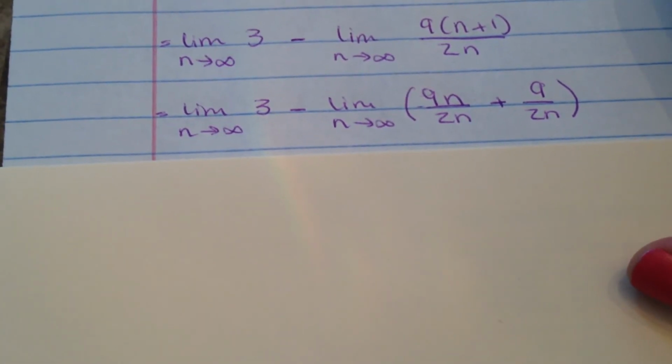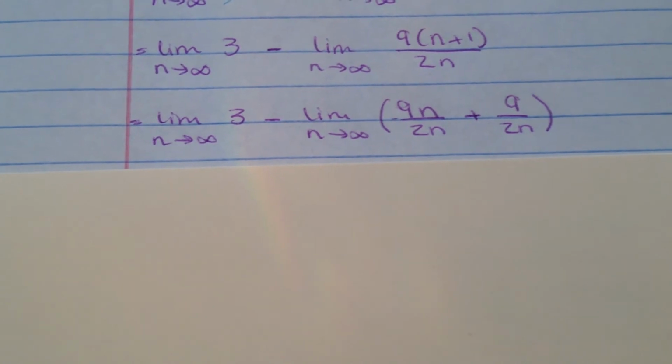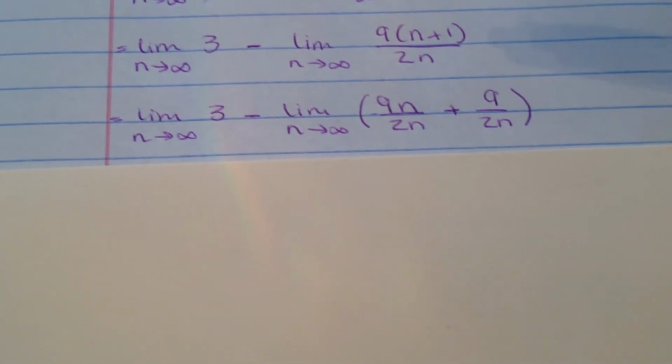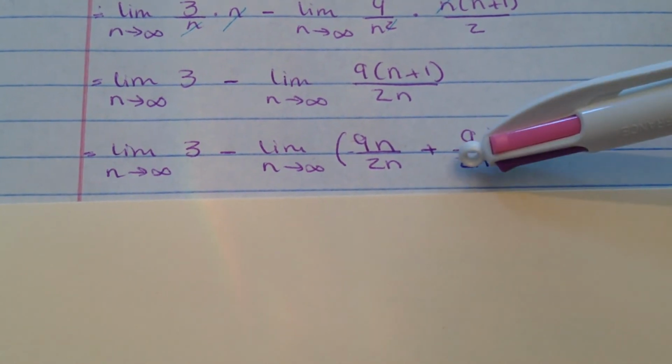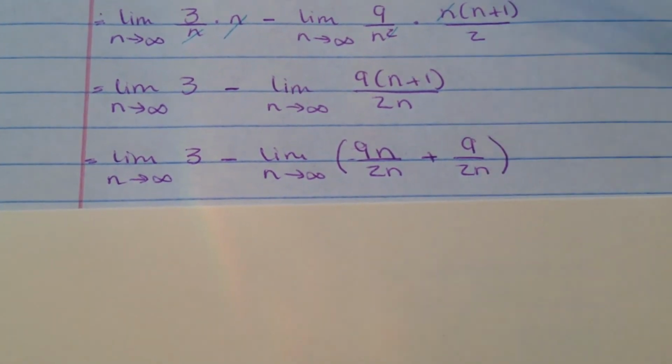And then it's going to be, as n goes to infinity, 3 minus the limit as n goes to infinity of 9n divided by 2n plus 9 divided by 2n.